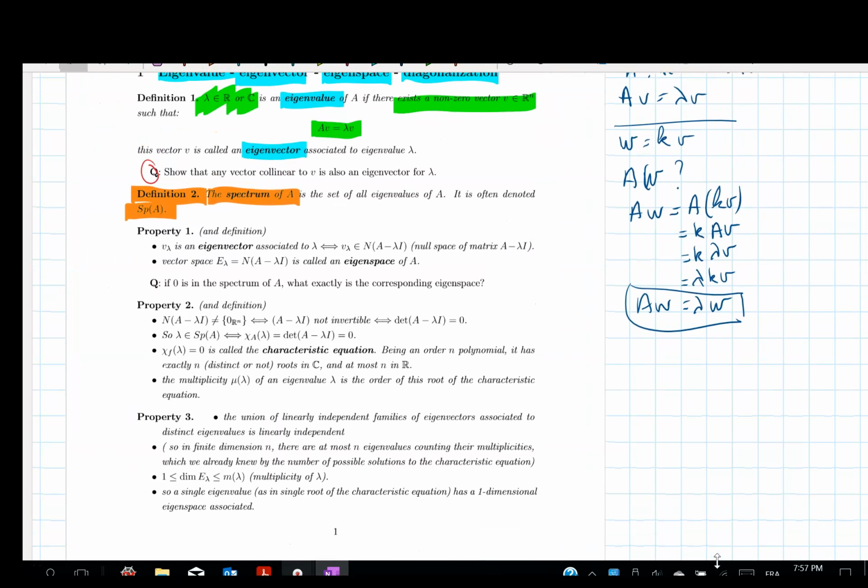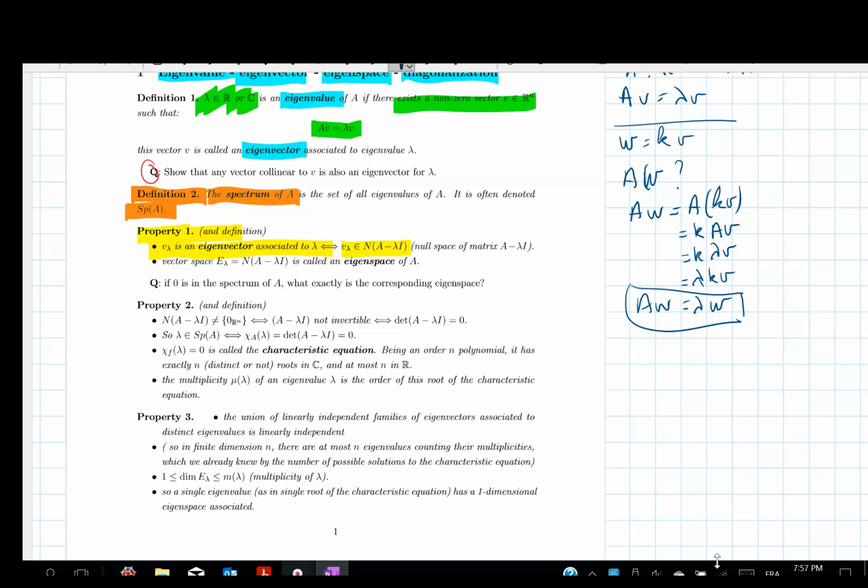All right, so let's go a bit further. The main property that is going to help you find eigenvalues and eigenvectors is this one. If V with the subscript lambda is an eigenvector associated to lambda, then that means that V lambda belongs to the null space of A minus lambda I. Okay, why?